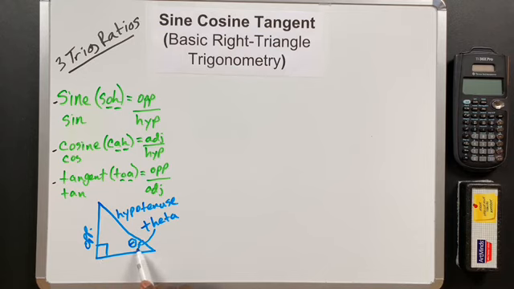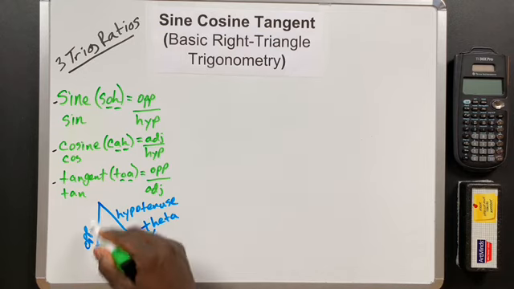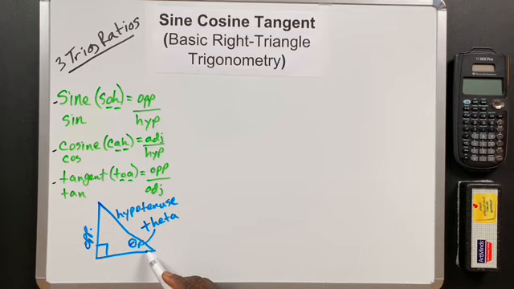If we let this be theta, then this side is opposite of theta, okay? And then this side right here, which is next to theta, is called adjacent. This is a key skill in knowing how to label a right triangle when you identify theta, okay?